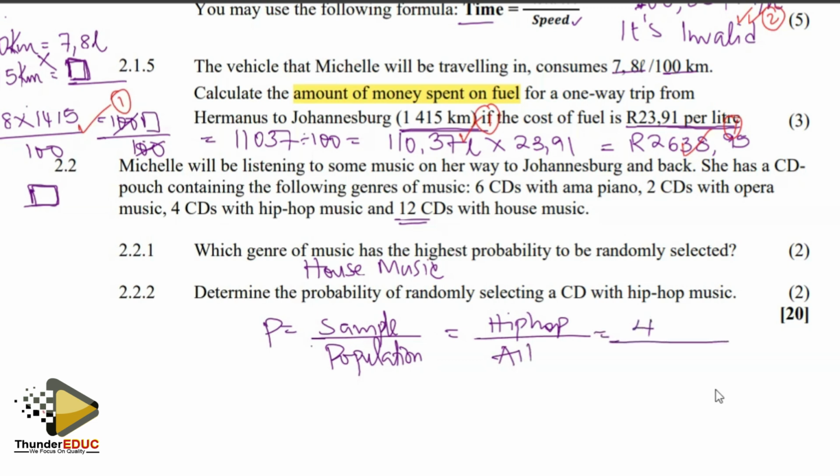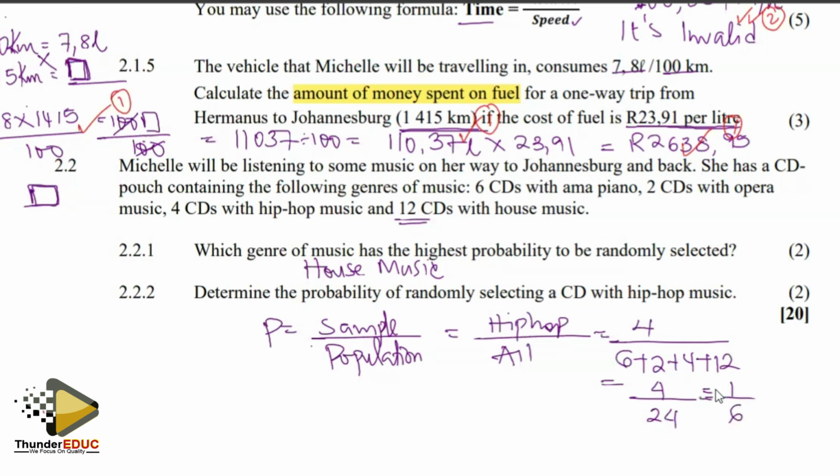Out of the total number of CDs, 6 plus 2 plus 4 plus 12. So this is the same as 4 out of 24. Simplified format, 1 out of 6.